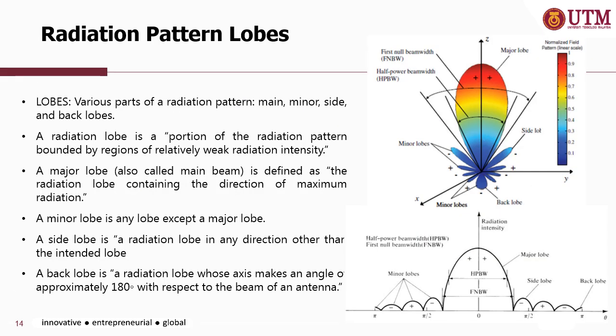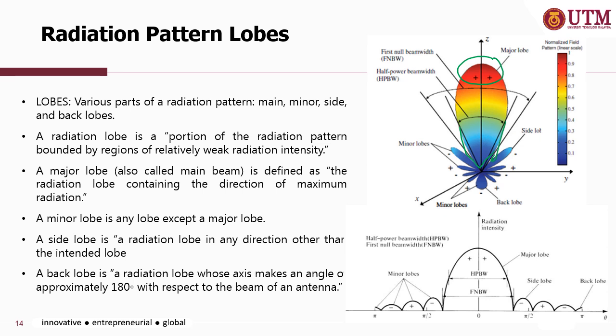Okay, next is the radiation pattern loops. As mentioned earlier, it consists of the major loop, where it has the maximum radiation in the intended region, and it consists of the full null beamwidth. We can see that at this point the magnitude is 0.